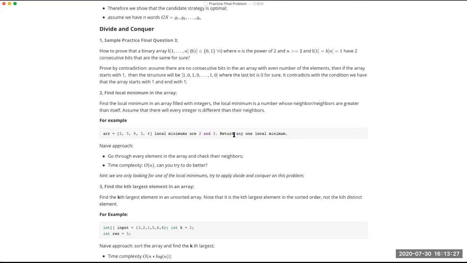If we're looking for one of the local minimums and we try to apply divide and conquer on this problem, can you figure out a better algorithm? Remember, we only require returning any one of the local minimums, not all of them.